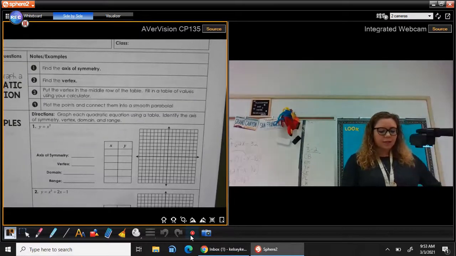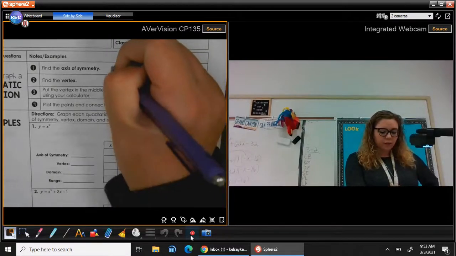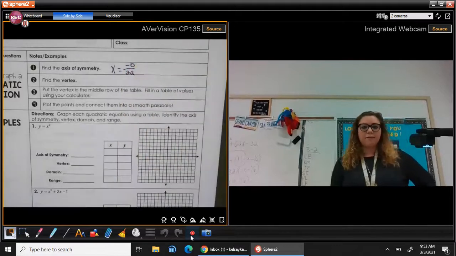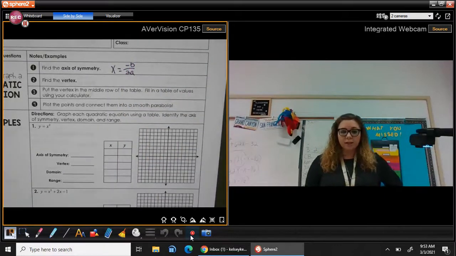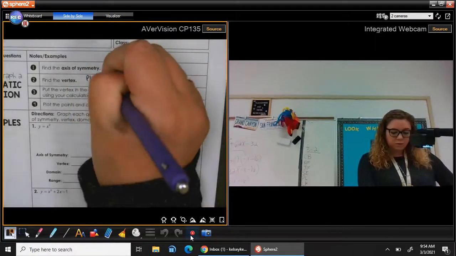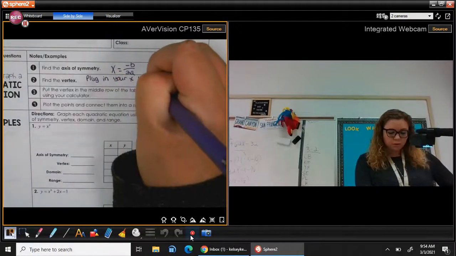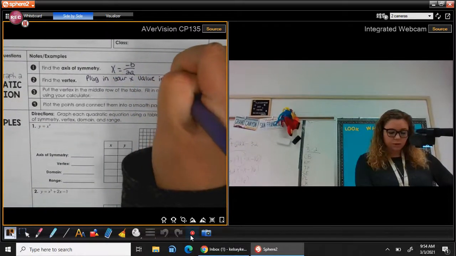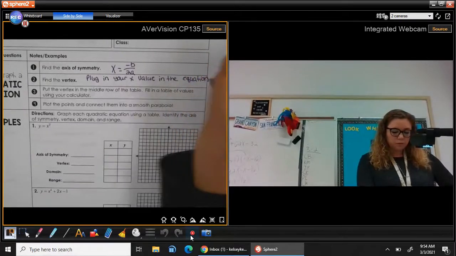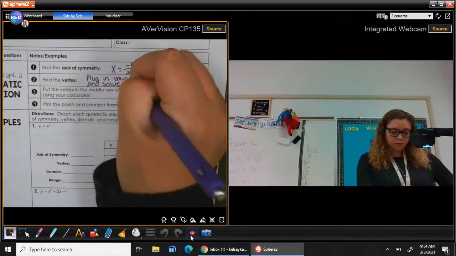So, steps to solving. You're going to first find the axis of symmetry, which we talked about was x equals negative b over 2a. So it's that formula. Then you're going to find the vertex, and to find the vertex, you're going to plug your x value into the equation and solve for y.